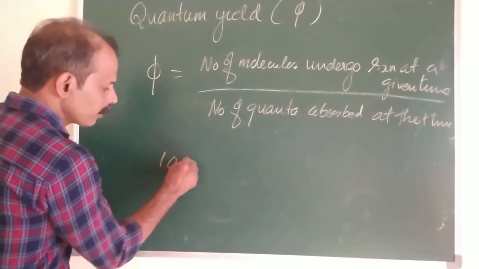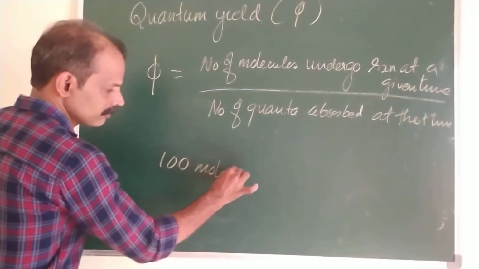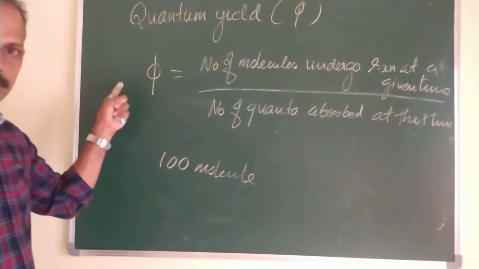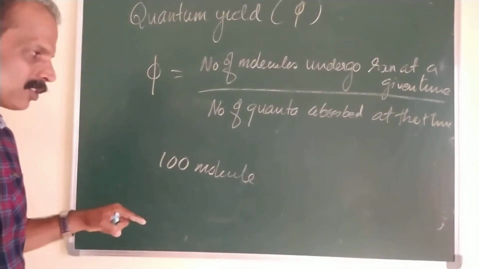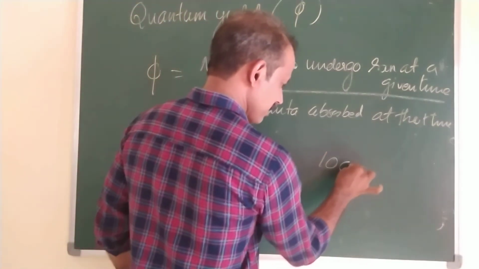Suppose there are 100 molecules. According to the second law, that is the Stark-Einstein law, each molecule absorbs one quantum. So the total number of quanta absorbed is 100.